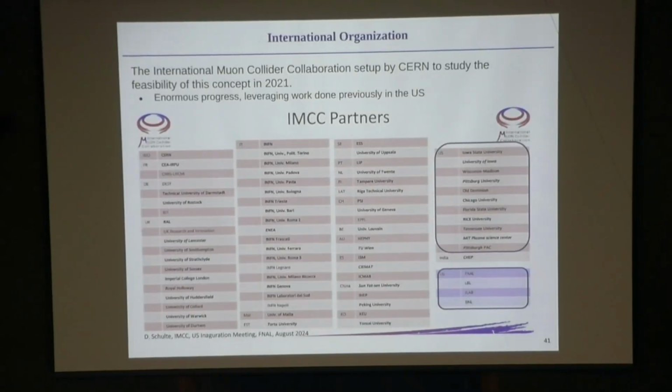It has many institutions, many hundreds of physicists and engineers working. In particular, here on the right, you see the US university contribution, and we also have people from laboratories collaborating with this collaboration, although we are technically not yet part of the collaboration until the Department of Energy signs an explicit agreement.